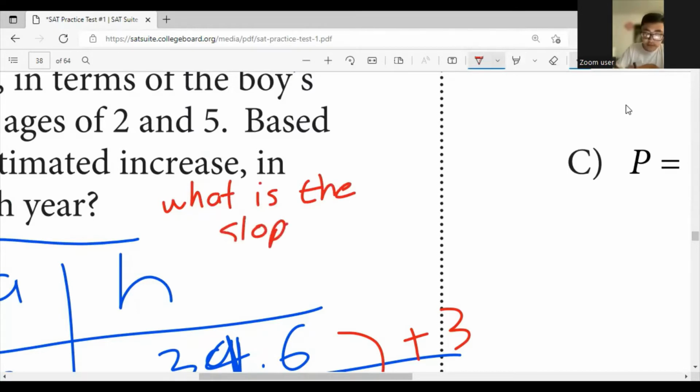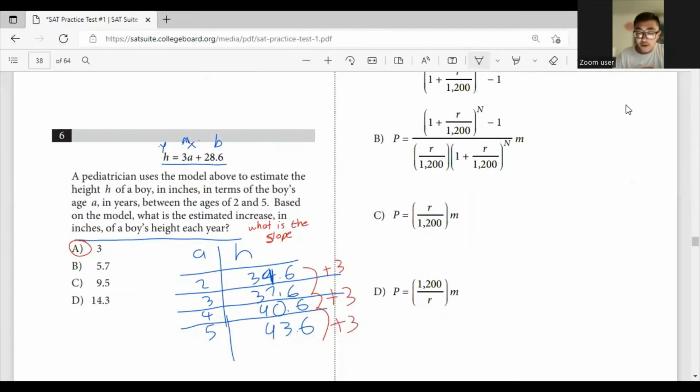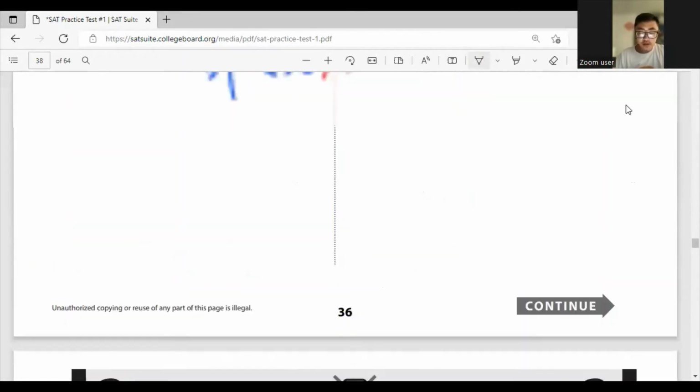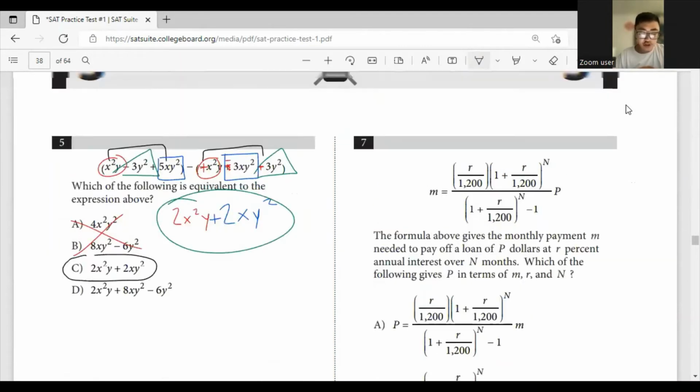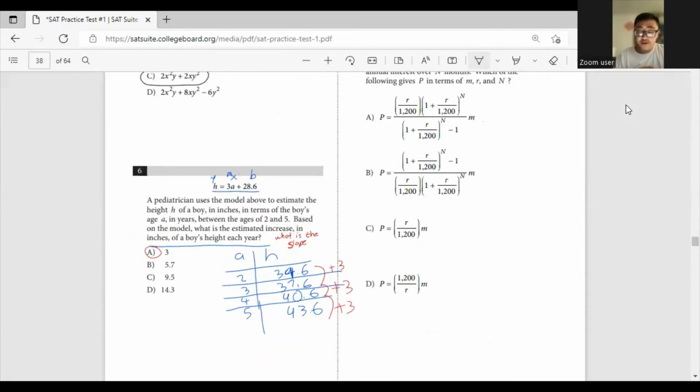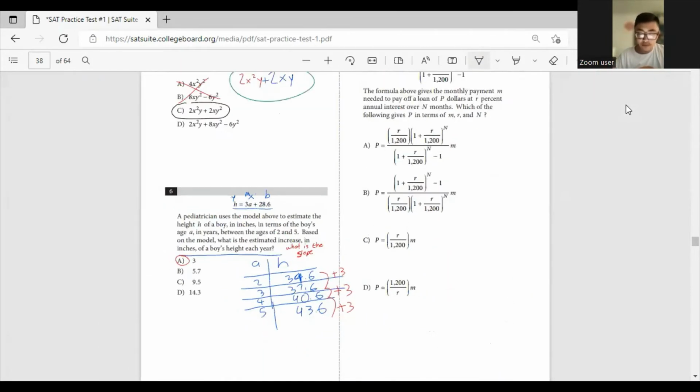It doesn't really matter how you do it as long as you understand how it works. As you're getting better at the test, you can find a lot of different shortcuts to help you solve problems. Right now, I'm just trying to show everyone there are many different ways to approach problems.